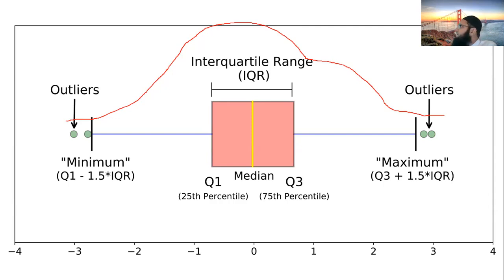IQR represents your majority data that is making your normal curve reliable. Basically, the things that you have inside the box are what make the curve of your normal curve. So the box plot that you're looking at right now is synonymous to the normal curve above it.